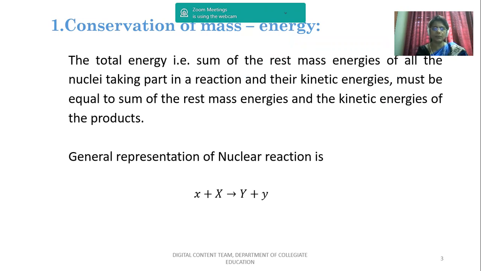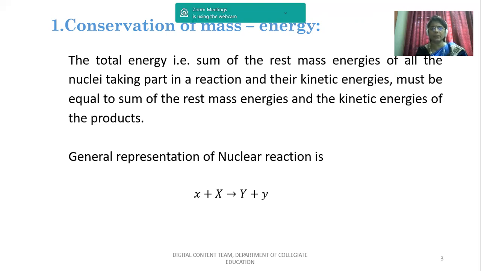Let me consider the first, conservation of mass energy. The total energy, that is the sum of the rest mass energies of all the nuclei taking part in a reaction and their kinetic energies, must be equal to the sum of the rest mass energies and kinetic energies of the products. That is, in general, the total energy of the reactants should be equal to the total energy of the products.